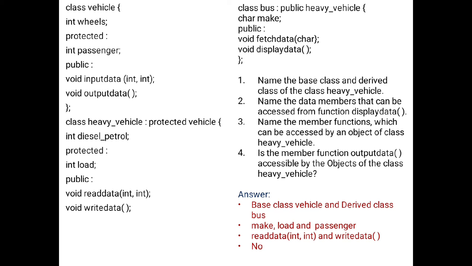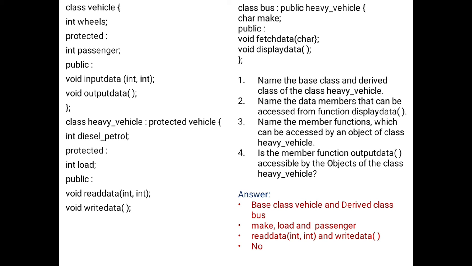Next we have: name the member functions which can be accessed by an object of class heavy vehicle. If an object is created for the class heavy vehicle, what are the member functions that particular object will be able to access? Suppose in the main function it is heavy vehicle, and let's say the object name is HV.